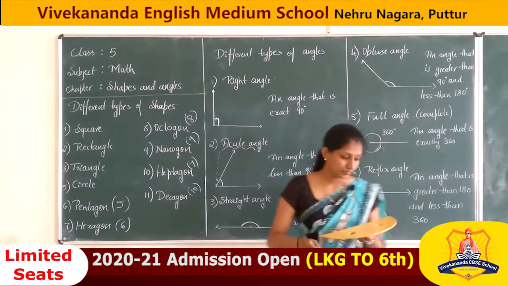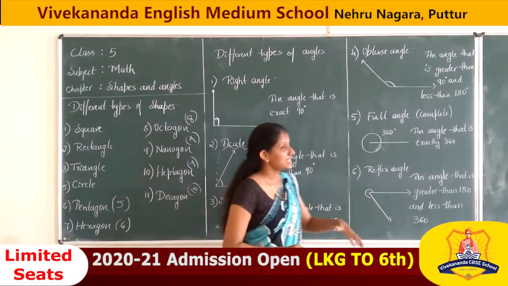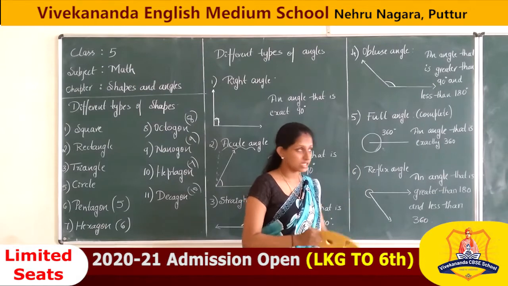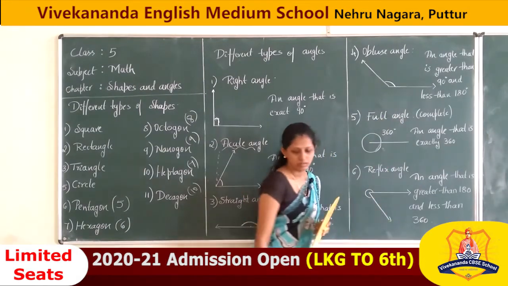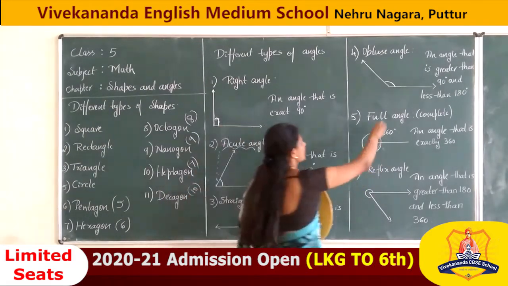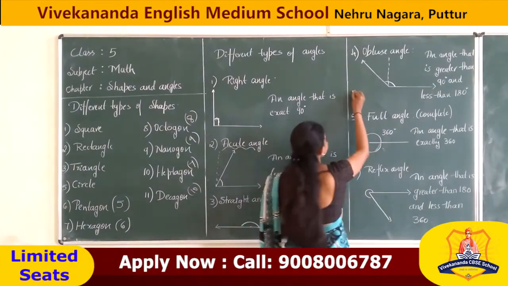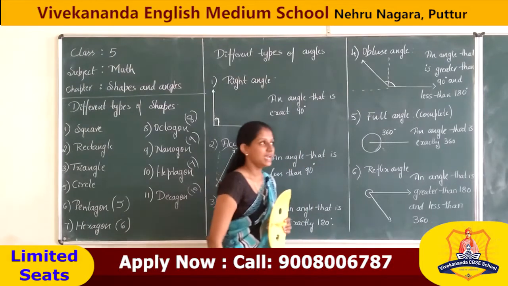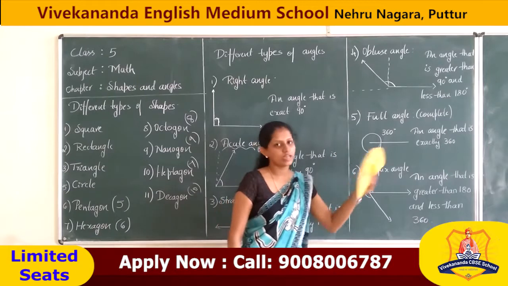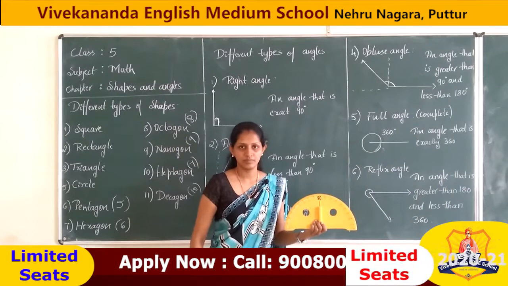Obtuse angle: an angle that is greater than 90 degrees, okay? This one is 90 degrees, correct? This one is 90 degrees. Then this one is 180 degrees, correct? It is greater than 90 degrees and less than 180 degrees.